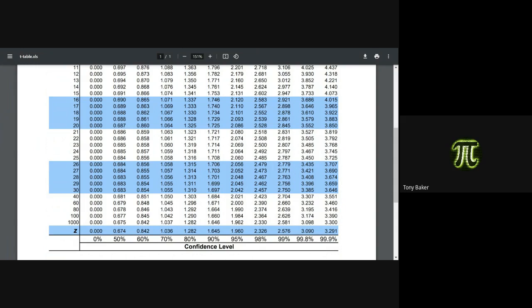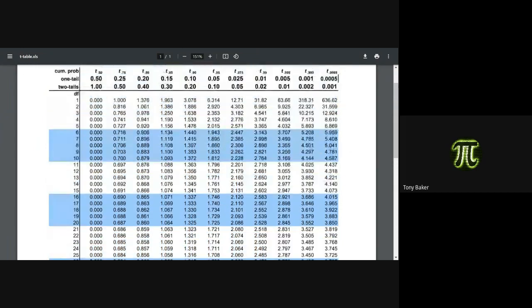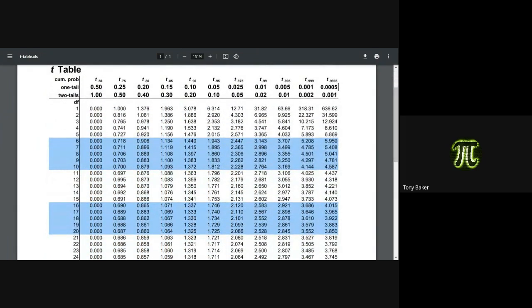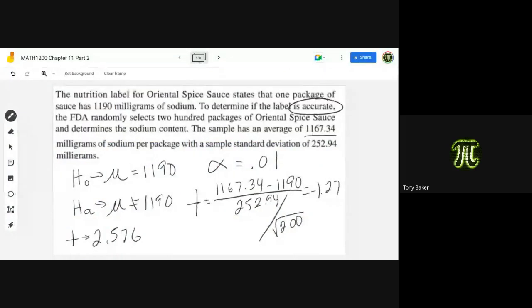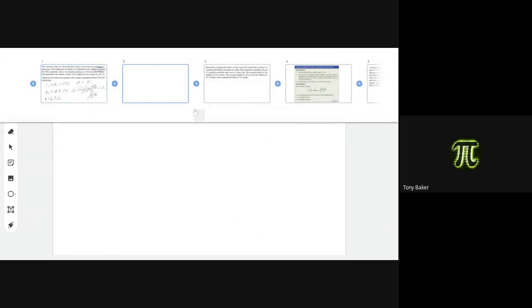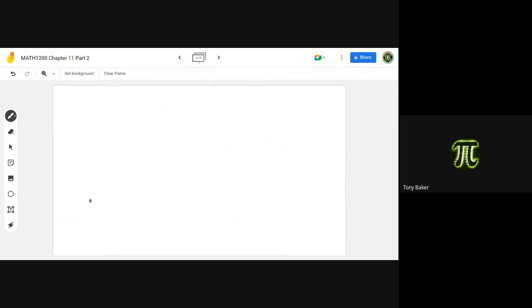Is the negative 1.27 the two numbers at the bottom of the bell curve that make it either fail to reject or reject? No, you got them backwards.